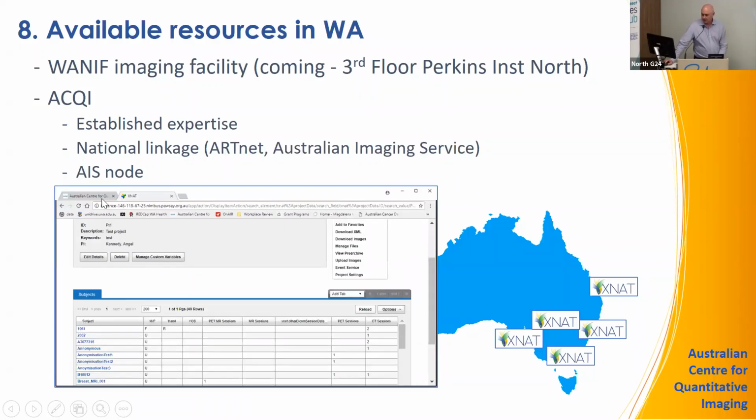So this is an example of our XNAT facility, with just sample data on there, but it gives us a way to collect your imaging data together into repositories on a project level basis and control access to that information by those who have authorization to do so.